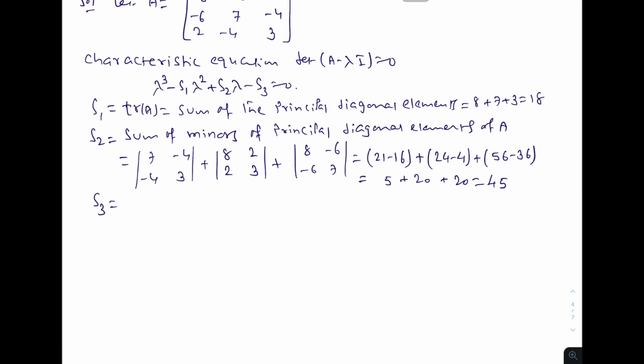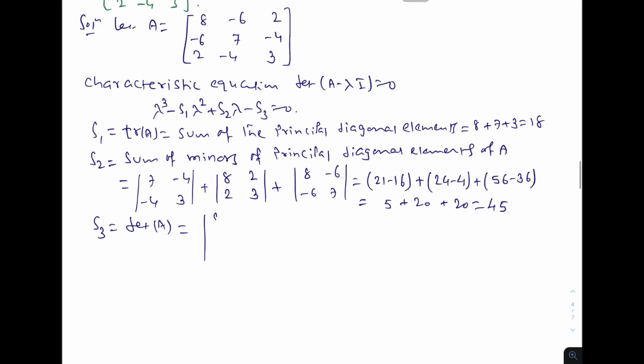Then S3 is the determinant of A, and that is the matrix 8, minus 6, 2; minus 6, 7, minus 4; 2, minus 4, 3.